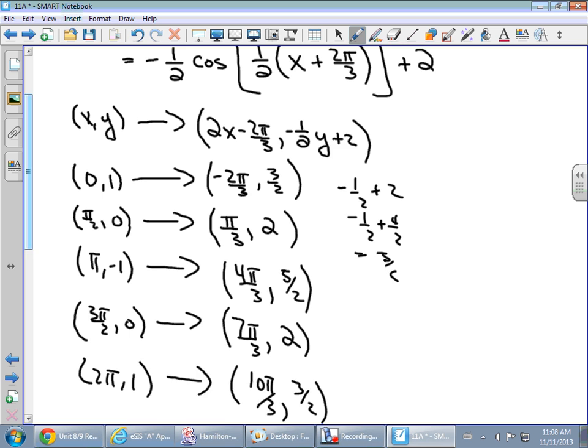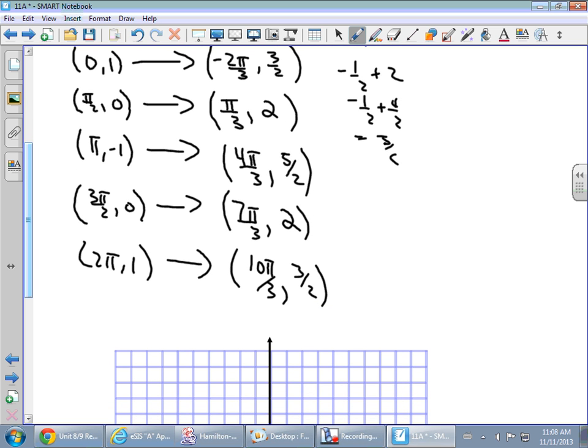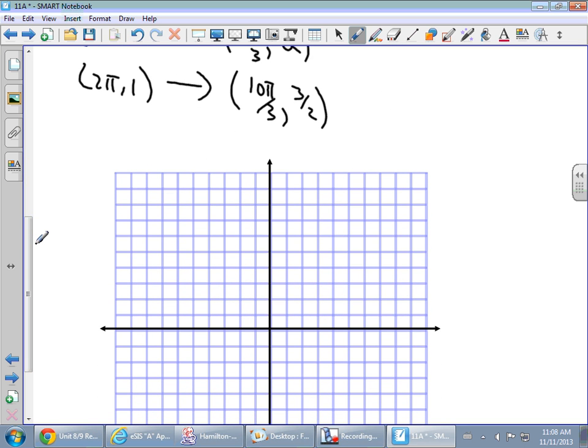Okay, so now that I've got my critical points transformed, what am I going to go up by on my x-axis? From here, what, 3 pi's? Like, this would be 3 pi, 6 pi, 9 pi, 12 pi. Is that what I do?